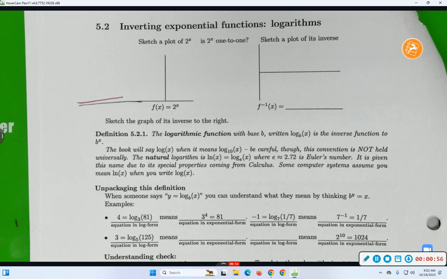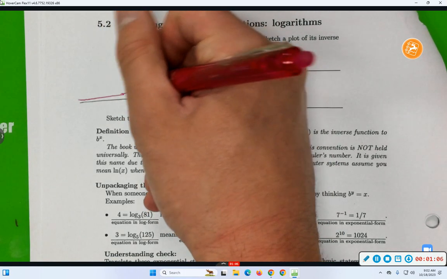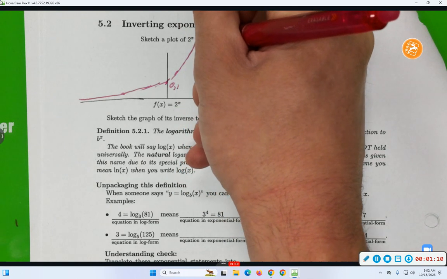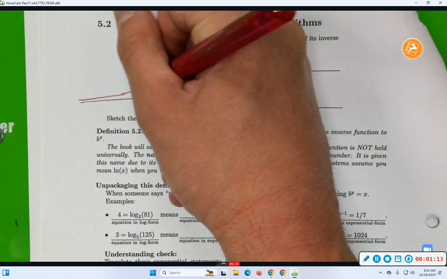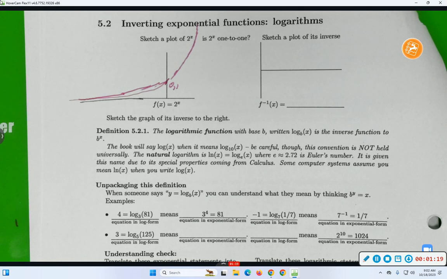Where is its y-intercept? 2 to the 0 is 1. Yeah. So the y-intercept is at 0, 1. And then it should roughly keep doubling every unit interval. In fact, it'll exactly do that, but the graph is going to be a fast graph. So there's the graph of 2 to the x.